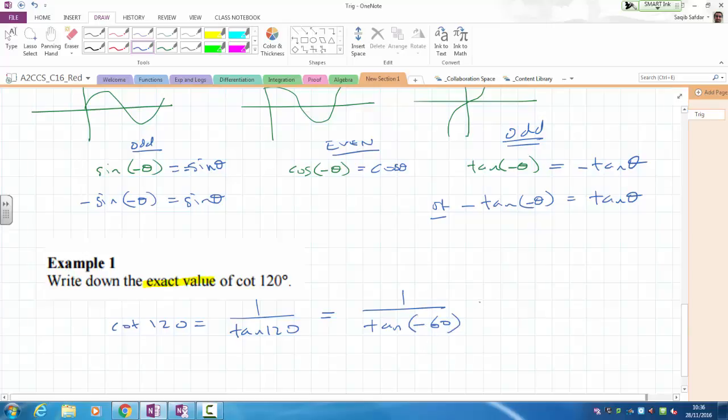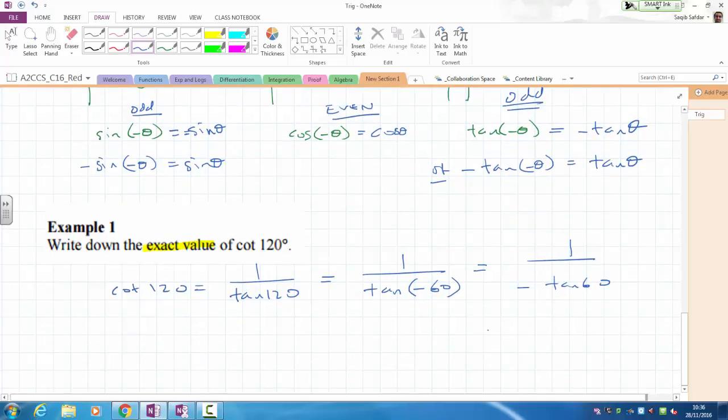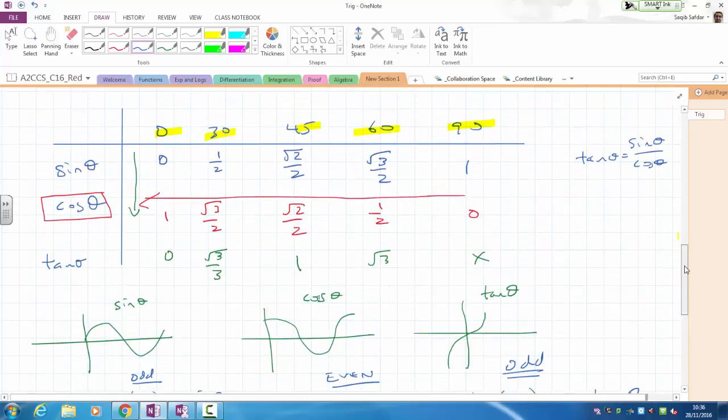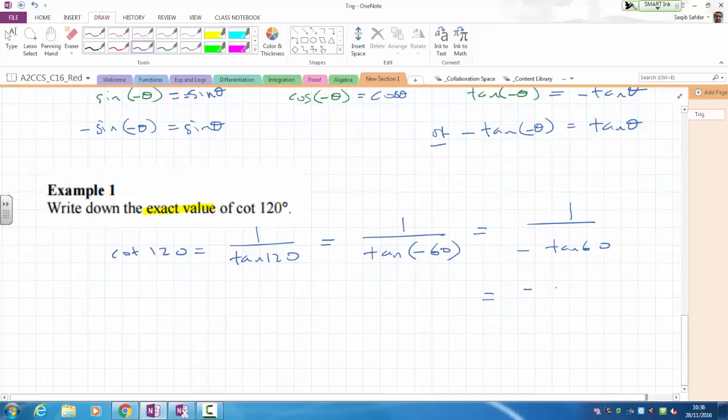But we know the tan of minus 60 is the same as minus tan of 60. But we know the tan of 60 is root 3. So therefore we've got minus 1 over root 3. Okay, I'll leave that there. Any questions?